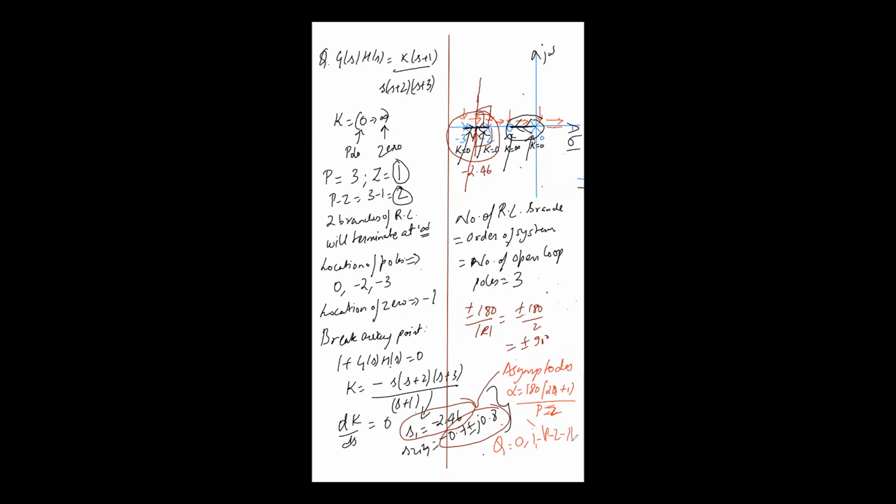So p minus z is 2 here, and p minus z minus 1 will be 1. So values of q will be 0 and 1 only. One by one put values of q here. So alpha you will get as 90 degrees and 270 degrees. These are the two values of alpha that you will get.